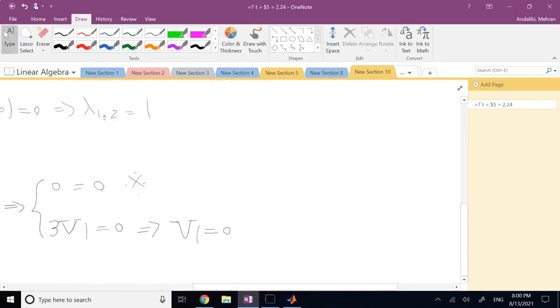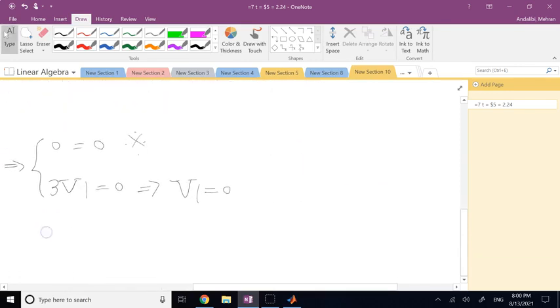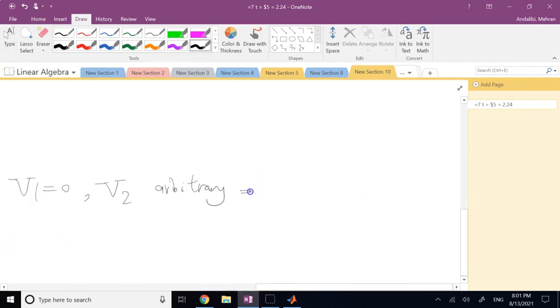Well, what about v2? There is no constraint on v2. So v2 is going to be arbitrary. So the form of your eigenvector V is going to be 0 and something, whatever.